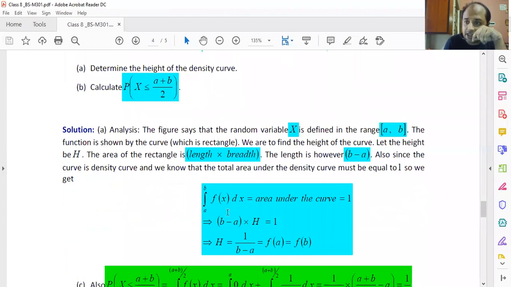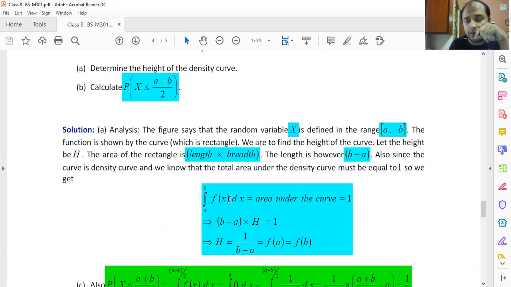Because the function is defined in this particular range. For other values of x, the function is not at all defined. Actually, if we take the integration from minus infinity to plus infinity, then the total area is 1. Suppose I'm writing it here as the integral from minus infinity to plus infinity of f(x) dx, then you are going to break the entire range into three parts: from minus infinity to a, from a to b, and from b to infinity.